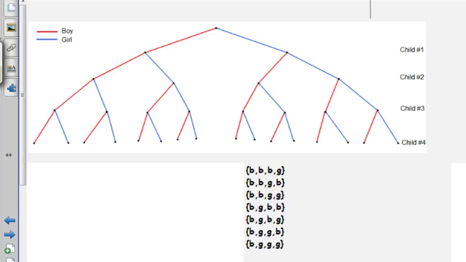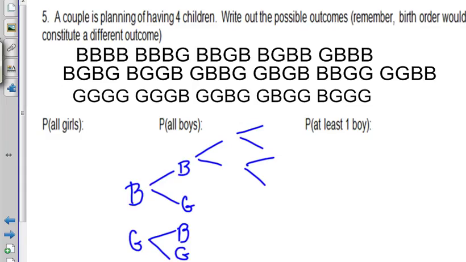This is off the internet, okay? This is a tree diagram where the red is boys and the blue is girls, just to mess with my head. Anyway, if we were to write them all out, what is the probability of all girls? Well, there's how many total? Each time there's 2 possible outcomes, and we're talking 4 kids, so that's 16 possibilities.